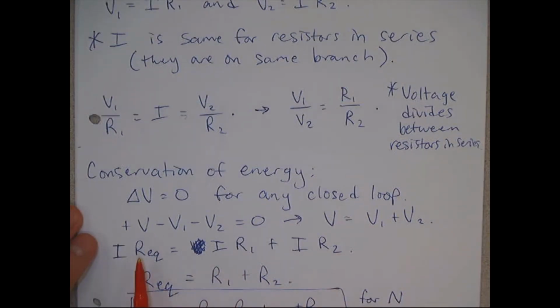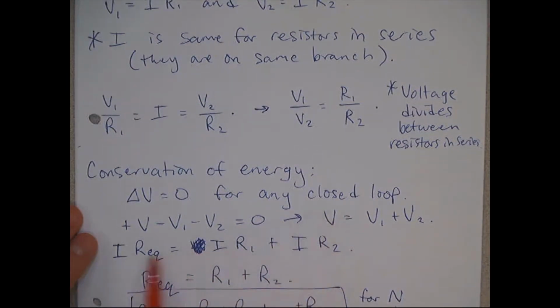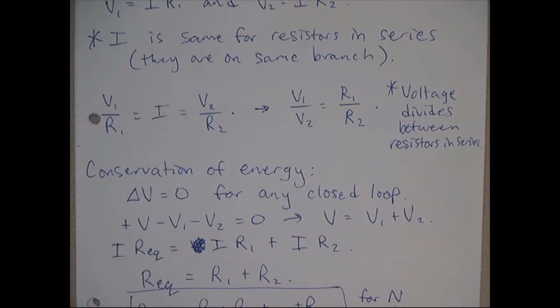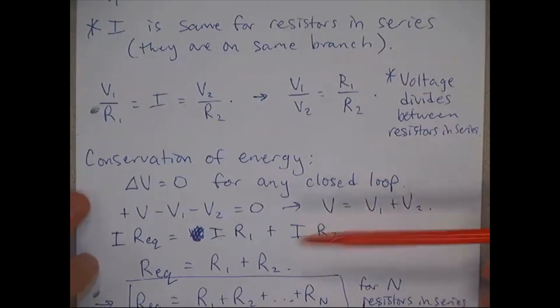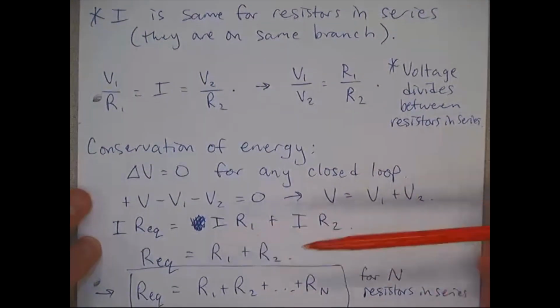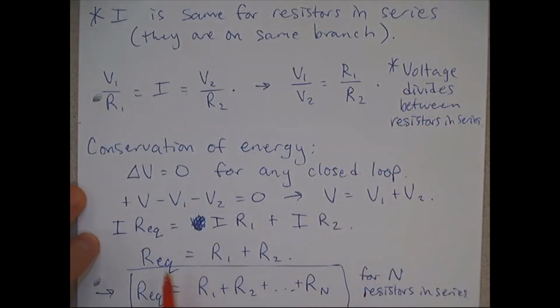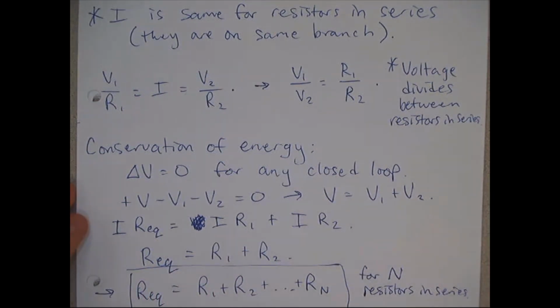We insert Ohm's law, V equals IR for the equivalent case, IR1 plus IR2. Since they all share the same currents, we've recovered the result that we want, which is that the equivalent resistance is the simple sum of the individual resistances.